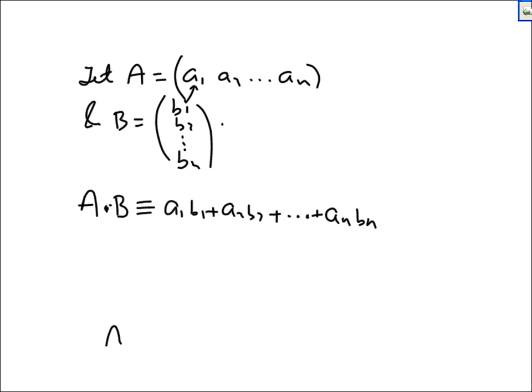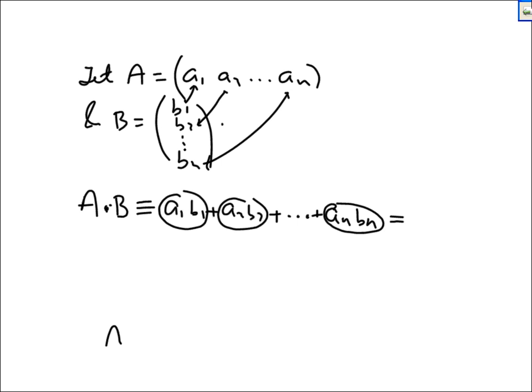You multiply the first entries, the second entries, the third entries, the fourth entries, finally the last entries. And you add them up.